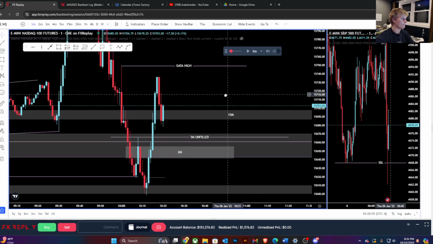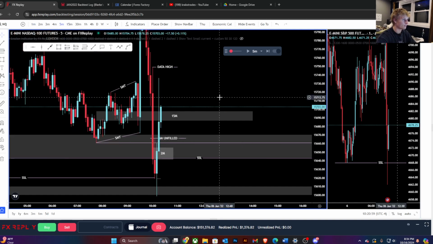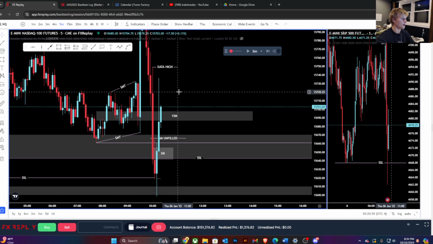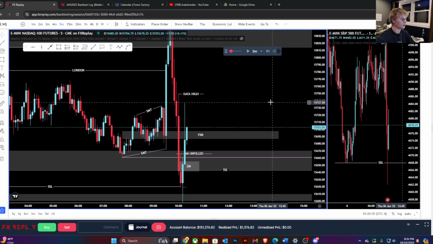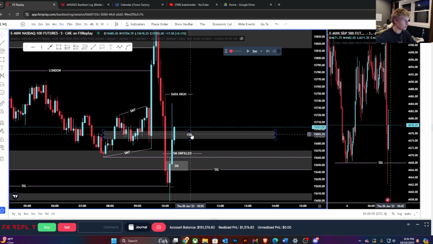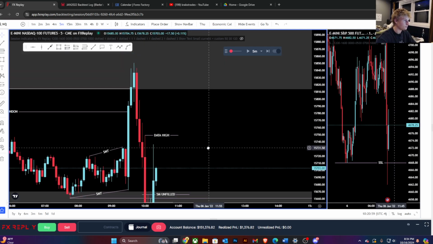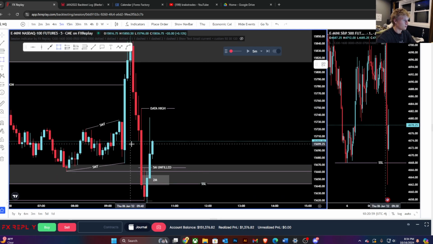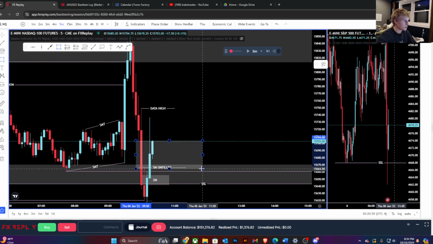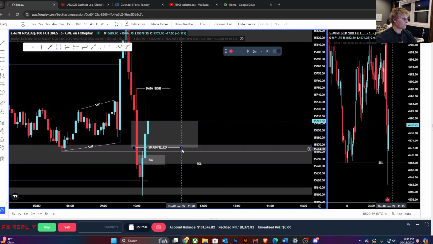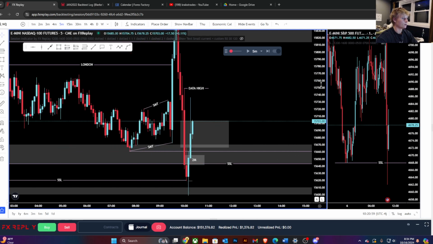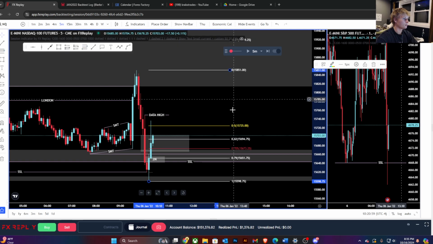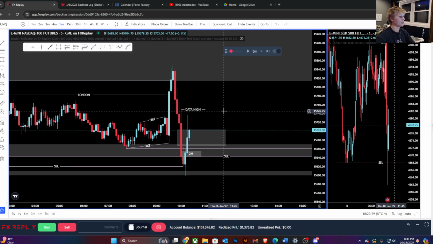Oh, maybe not. Let's see if we can form a 5-minute right now. If we could inverse this 5-minute, I mean, let's see. Let's see if we close above this 5-minute gap. I mean, the best entry would have been down there, but this is still pretty discounted. We do have data highs above.